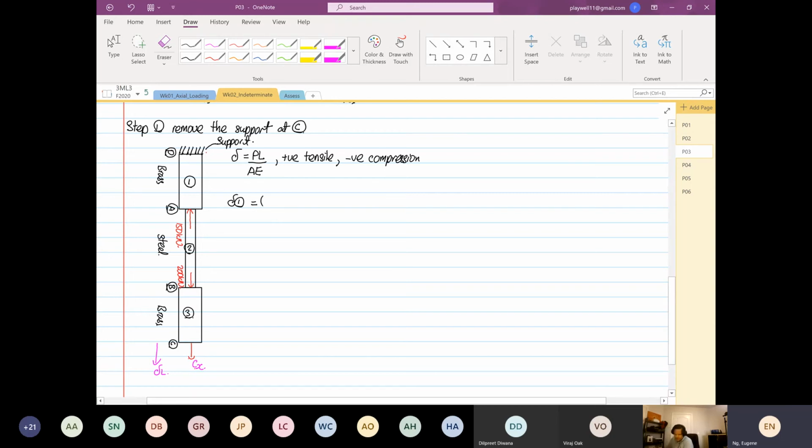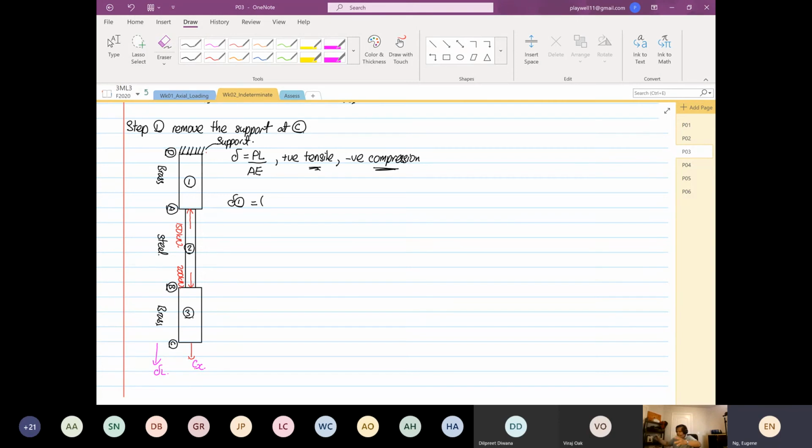So the 150 is going to be what? Compression, yes or no? The 150 is pushing into compression, and then the 200 is going to induce a tensile, right? So the analysis is based on tension and compression. Nothing to do with going up is positive, coming down is negative, or going towards the left is negative, going to the right is positive.